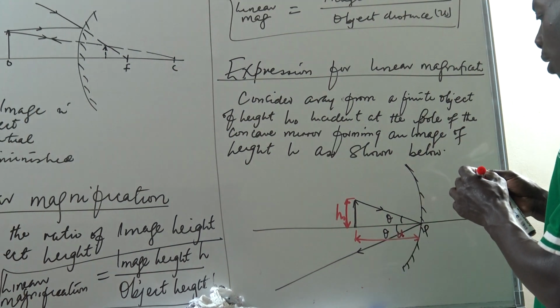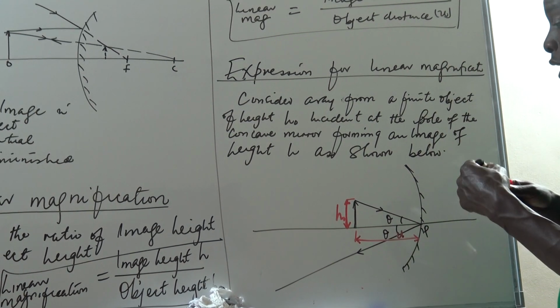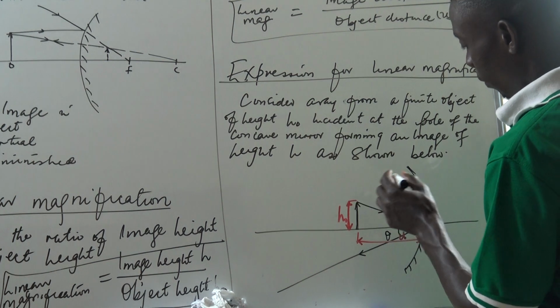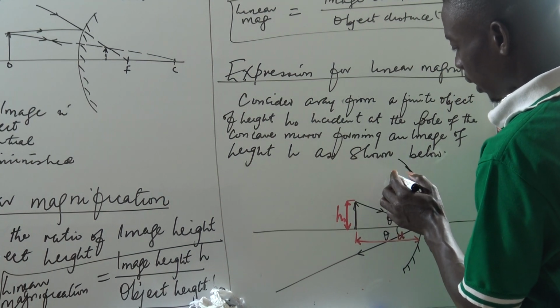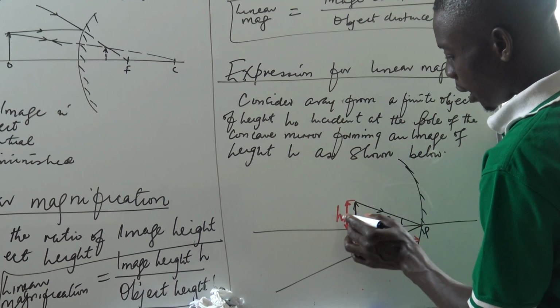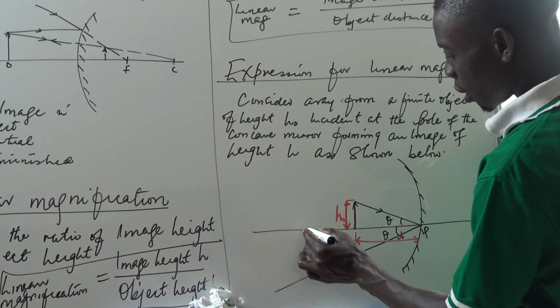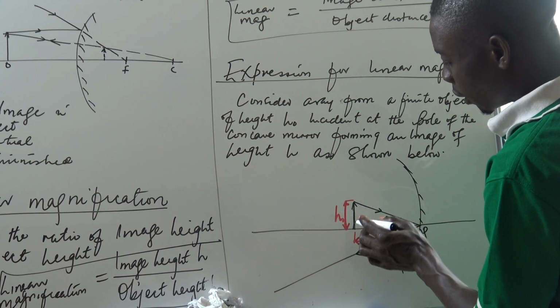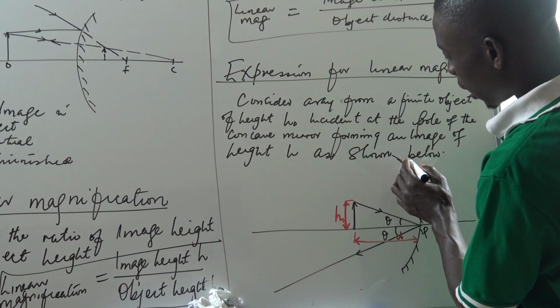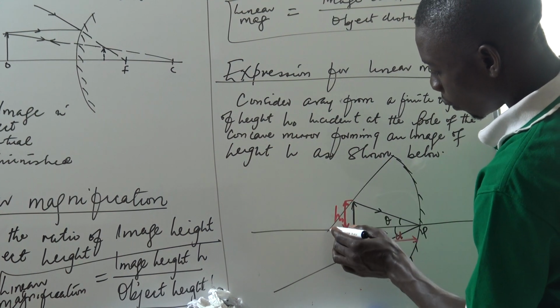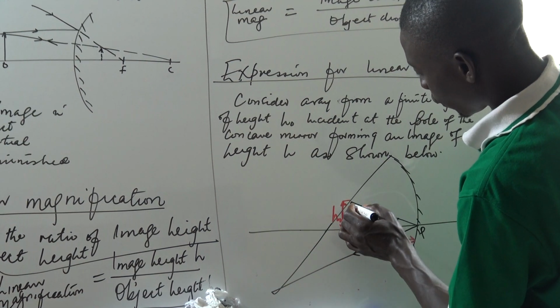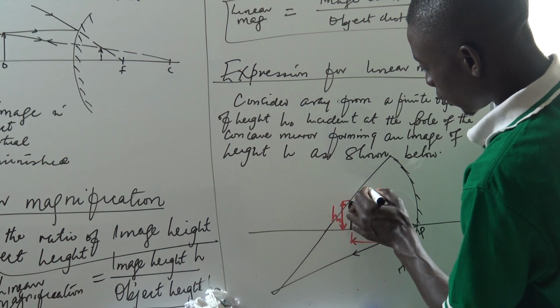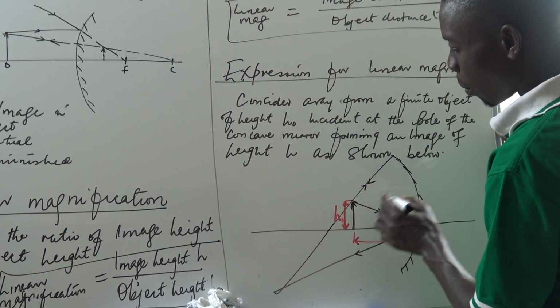Now where is the image first of all going to be formed? And then we can say, if I also look at the light rays passing through the center of curvature along the same path.